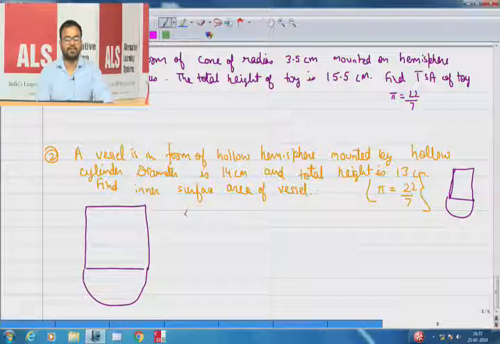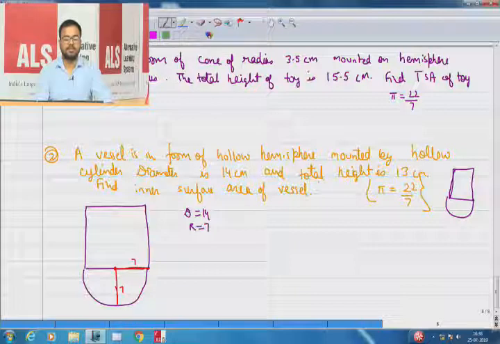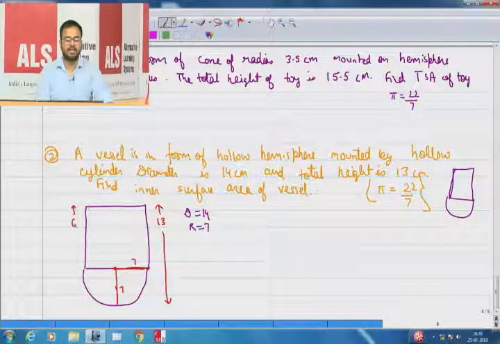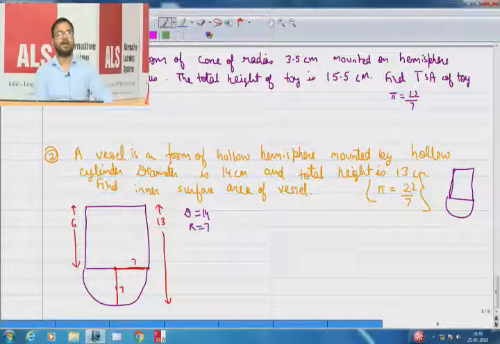If diameter is 14, we can say radius is 7. So this radius is 7 and this radius is also 7. Now, total height is 13 centimeter. Total height means this complete height, that is 13, but this part is 7. So only the height for the cylinder is 6 and radius of the hemisphere is 7.